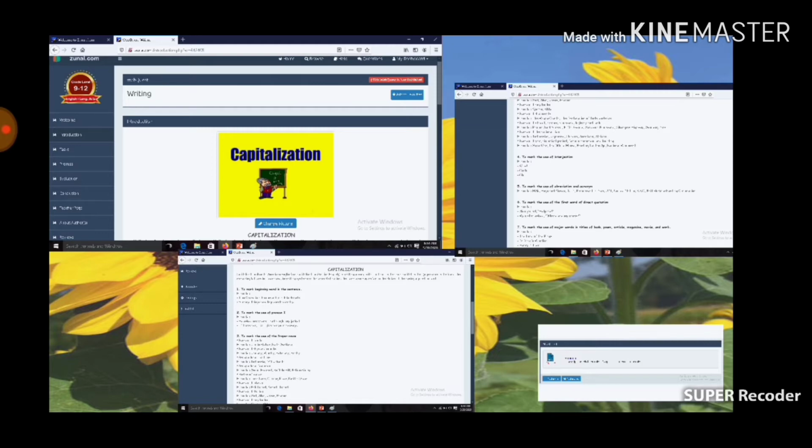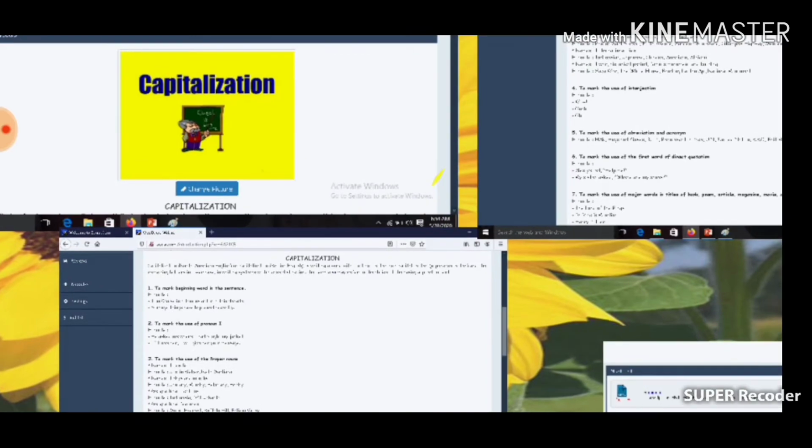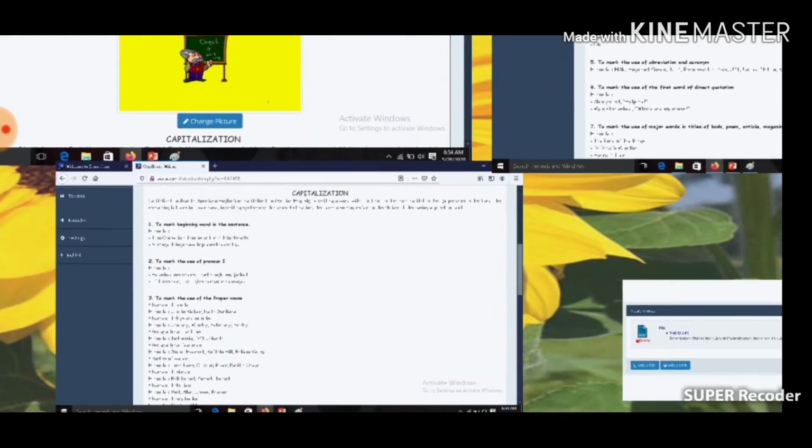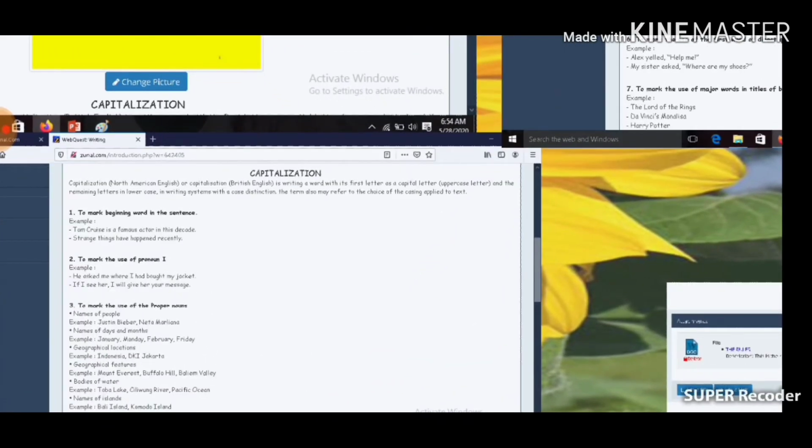And usually the introduction contains an explanation of the topic or the material. In this page, you can see the description and use of capitalization with examples.